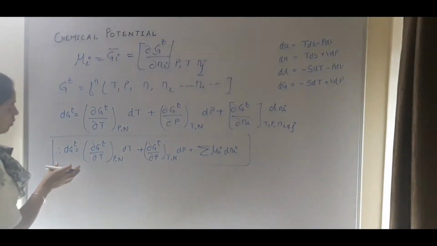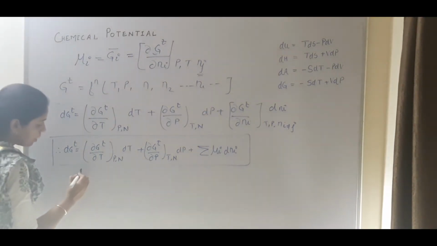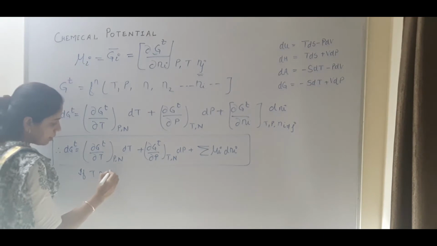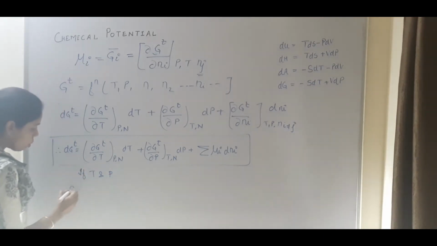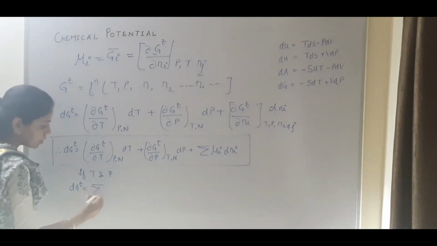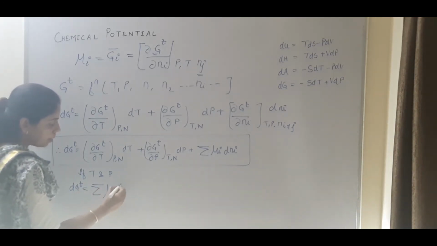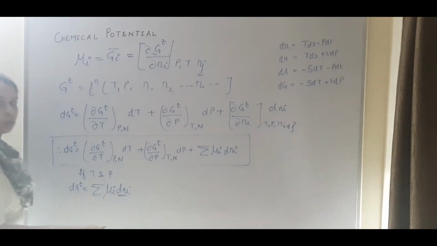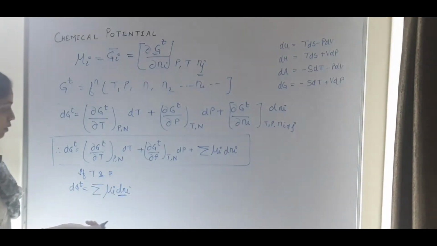Now you can see that if the temperature and pressure are constant, then the change in total Gibbs free energy of the system depends totally on the change in the number of moles, the number of molecules of the system.